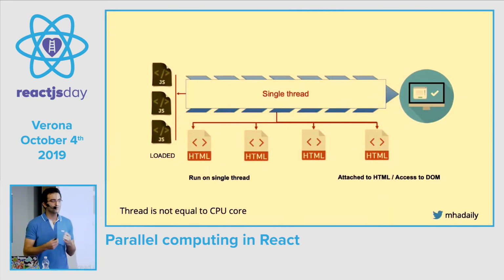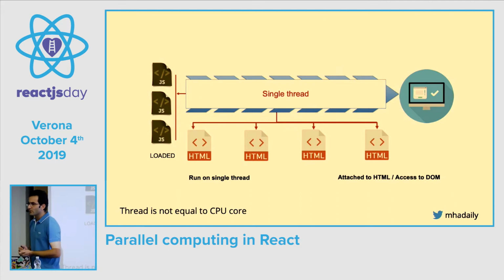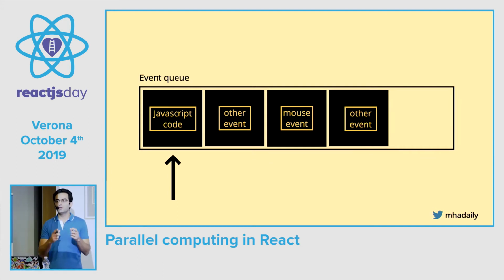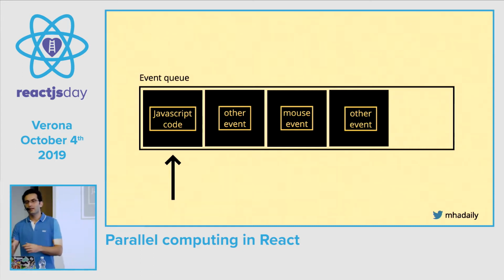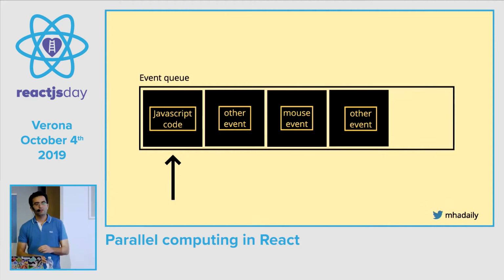We all know that JavaScript is single-threaded, right? It runs in the main thread, and it shares the thread with the browser. So, in fact, there is a browser event queue, and whatever you have in the main thread goes to this queue, and then it runs until completion, and then the next event, and the next event.